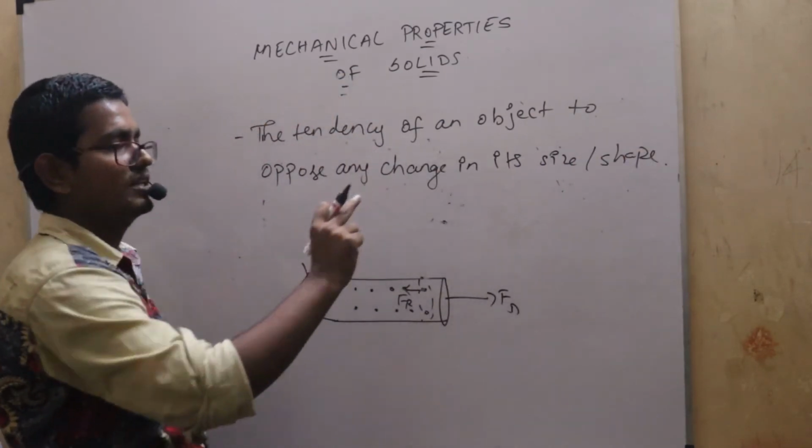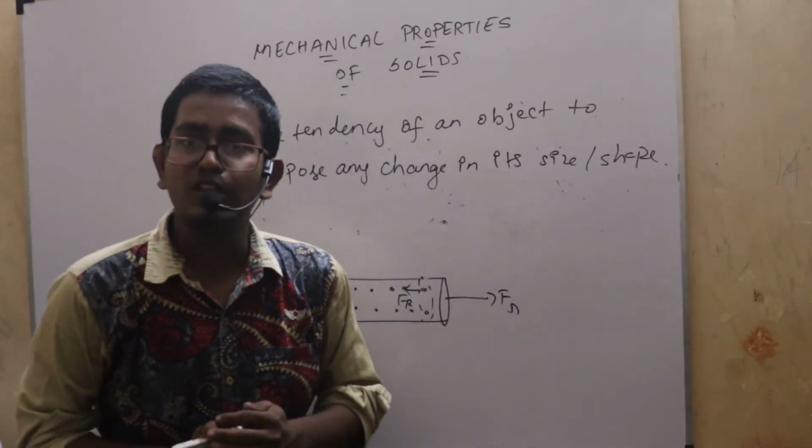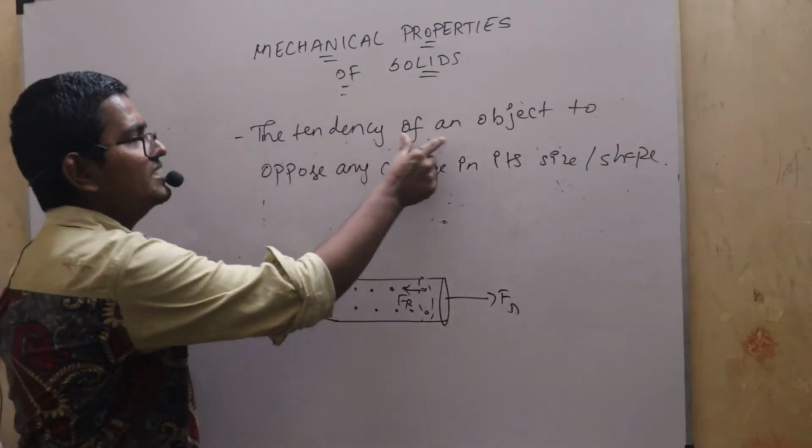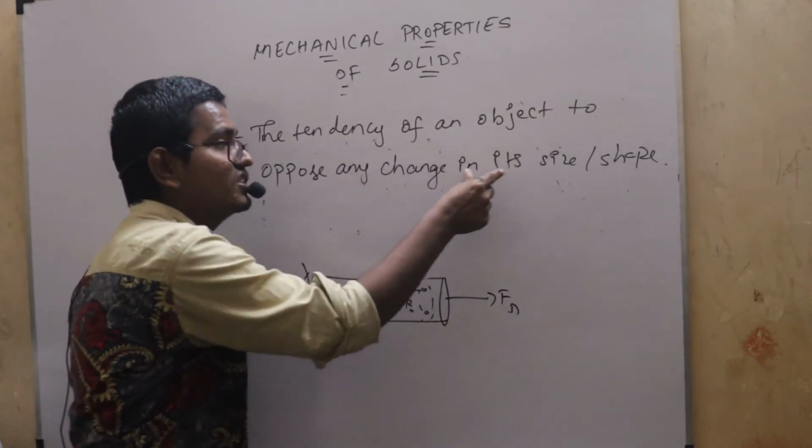This phenomenon will be known as elasticity, and the objects will be known as elastic objects. As you can see here, the tendency of an object to oppose any change in its size or shape.